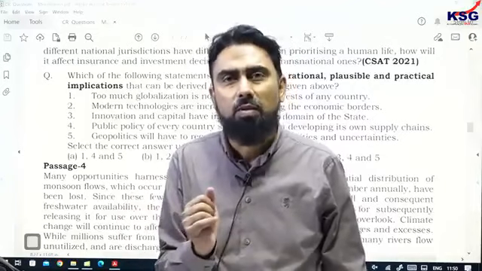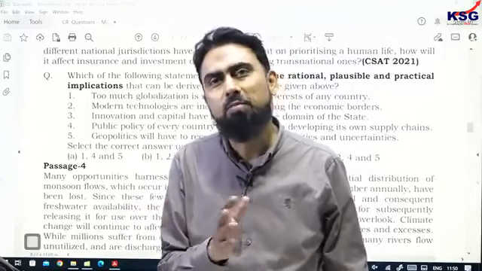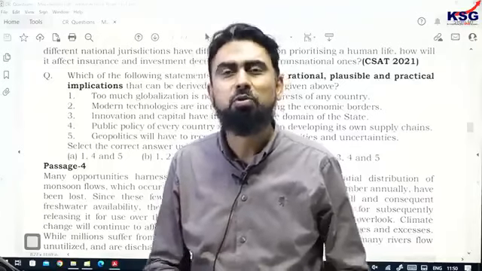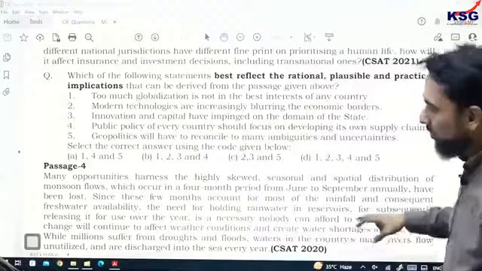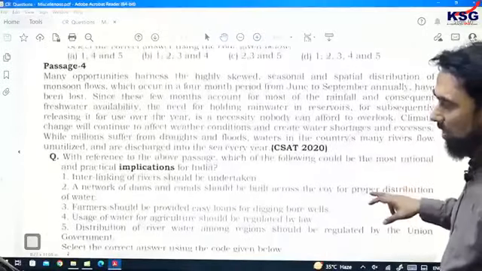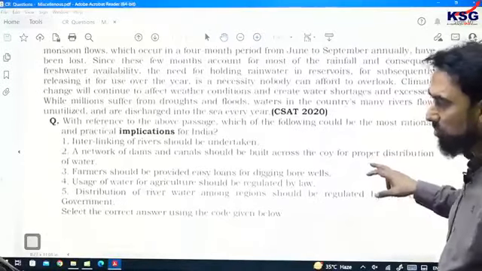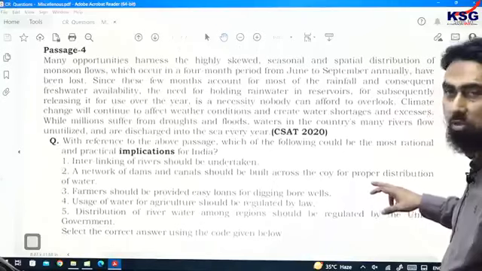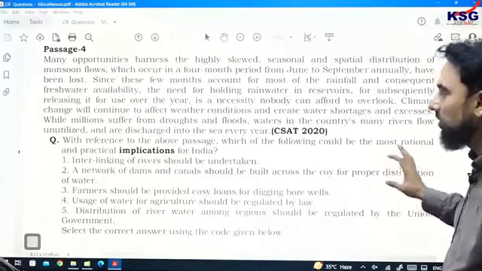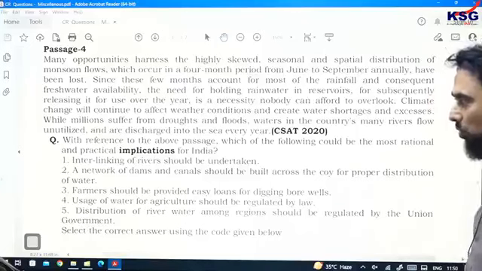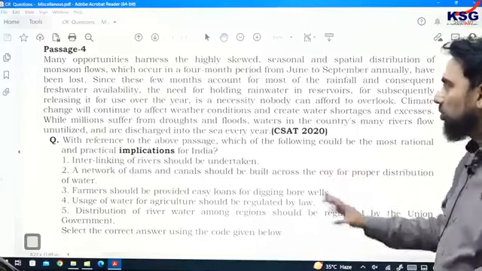And you choose it. If you look at the option combination, they may sometimes ease your job, but your job should be to identify and gain confidence. So I give you passage number 4. I want none of you to look at the option combination, just look at the statements independently, and then decide your answer and then look at the option combination. So passage 4 you are supposed to do. Asked in 2020.